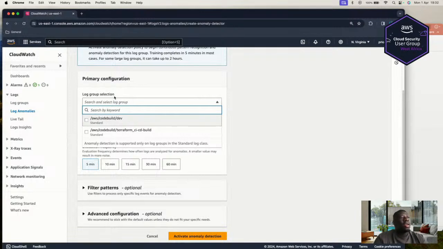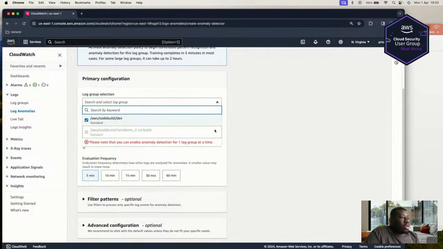If this log group has been existing and ingesting data in the past 2 weeks, you can proceed to select that log group.